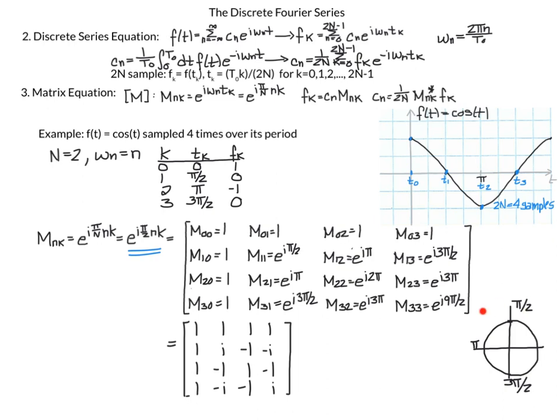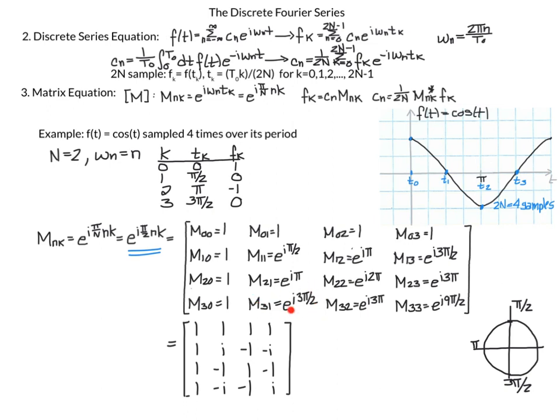And then I put my unit circle, my row and my column are set. E to the i pi over 2, we're at i. E to the i pi, we've come over here to -1. E to the 3 pi over 2, we're down here, we're at -i. E to the i pi, again, we're at -1. E to the i 2 pi, we've come all the way around to 1. E to the i 3 pi, we go all the way to 2 pi, and then come back around to pi, and we're at -1.